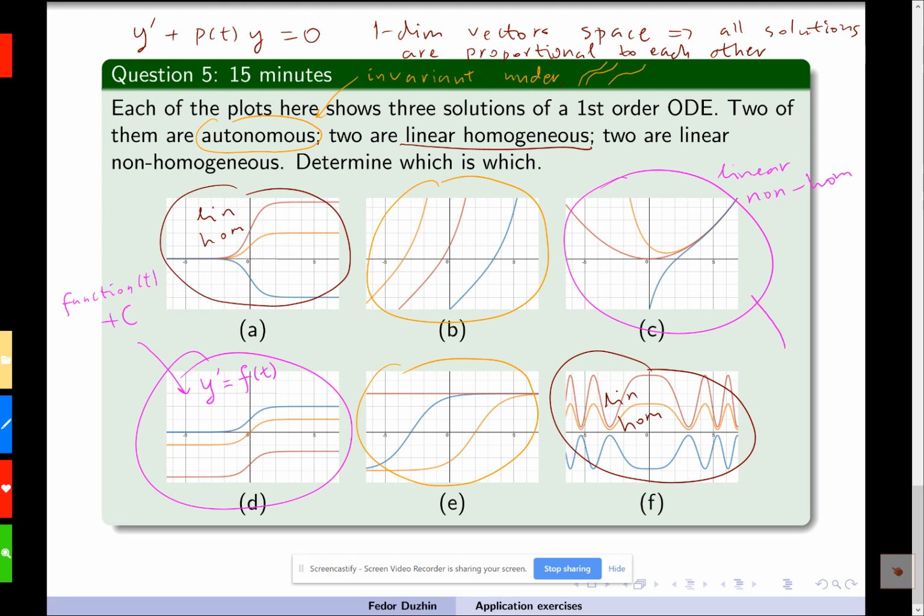Now, this is D. So by the looks of D, we can certainly claim that this is a linear non-homogeneous equation because it is just of the form y prime equals f of t. C is trickier. What we see in C is a parabola, and other solutions approaching this parabola.